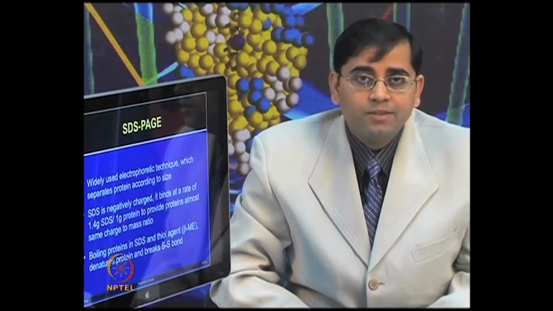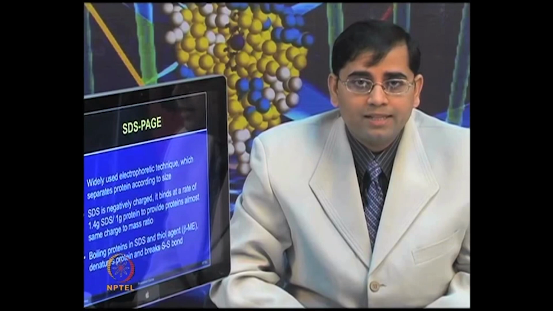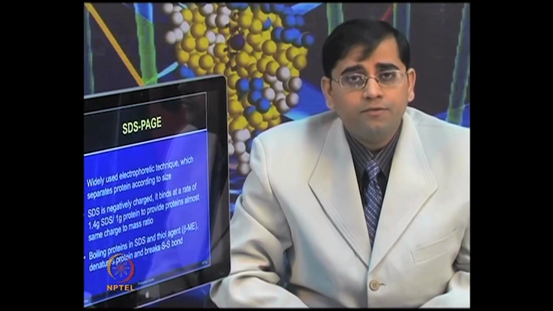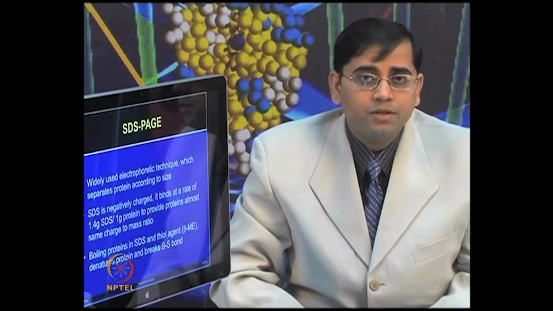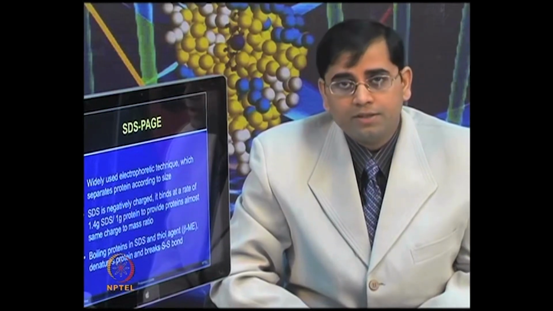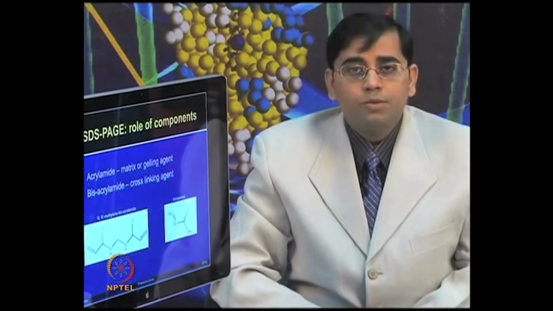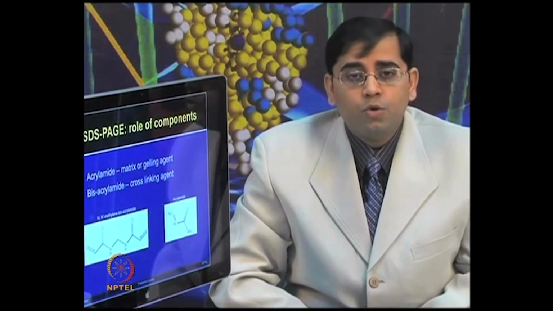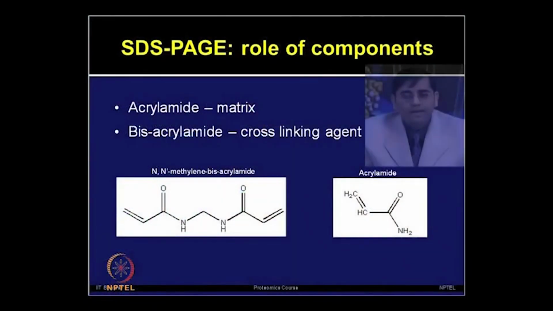Now, you cannot do this boiling step in two-dimensional electrophoresis, where you have already focused the IPG strip in the first dimension, so you need to do the equilibration step. The rest of the steps will be very uniform. So, let me describe the role of the components which are being used in SDS-PAGE.